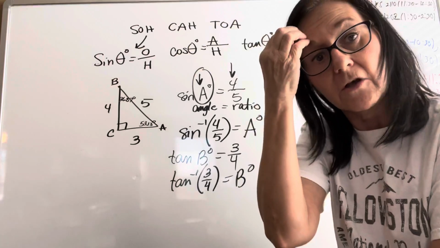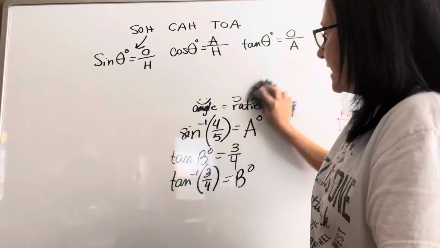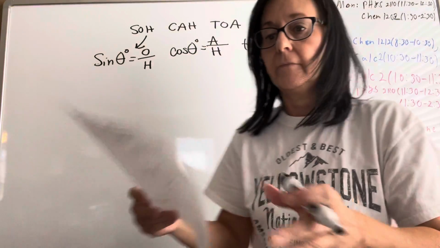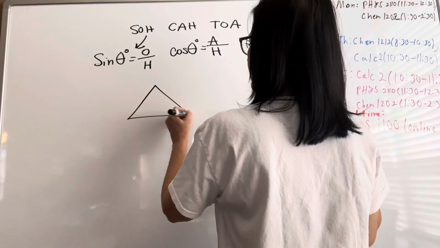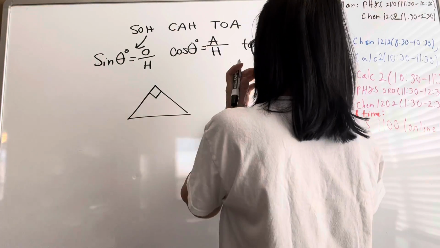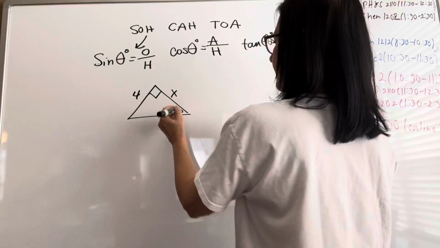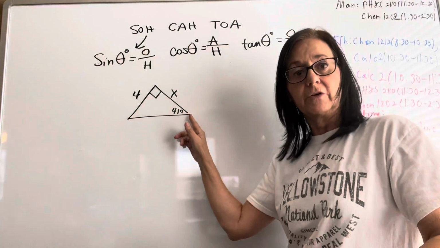Now, what if I want to solve for a missing part? I'm going to work through 4 of these. You have to see what parts you have. All right, so if I have this triangle, I know I have the 41-degree angle.